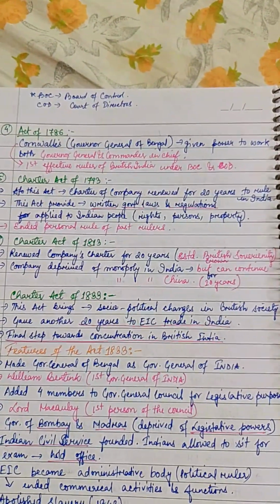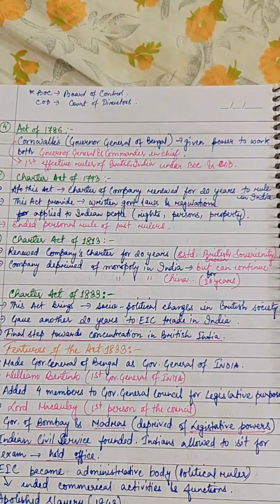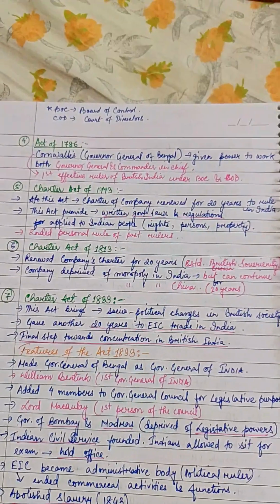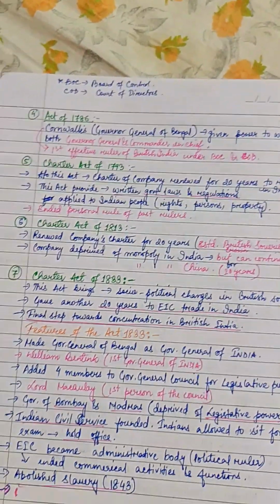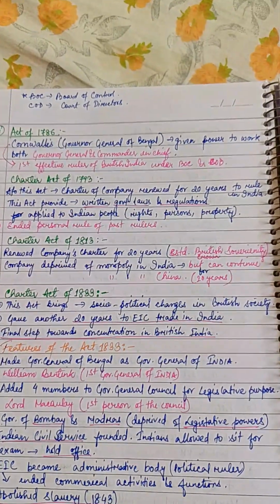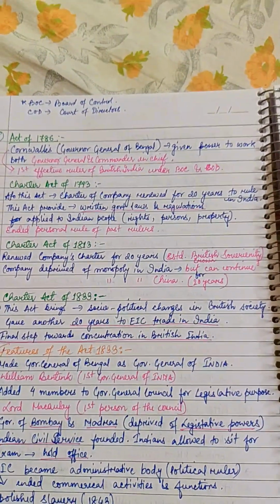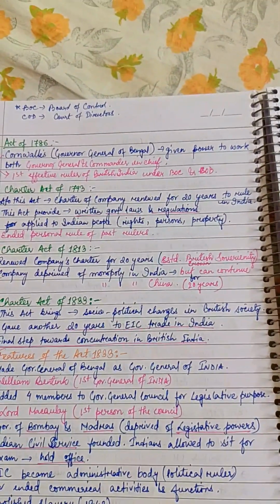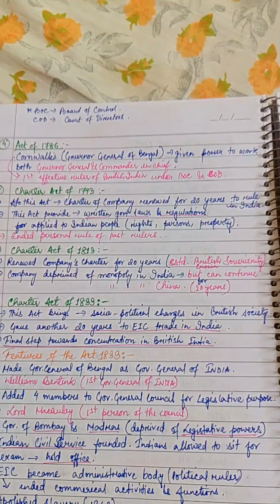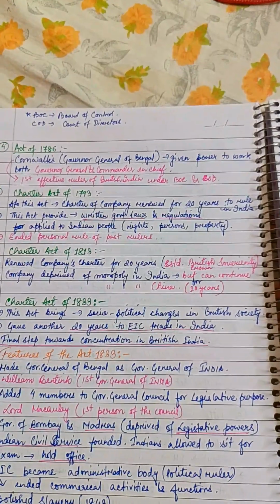Whatever they wanted, they were doing. But this Charter Act provided written rules and regulations: if you are staying in India and want to rule over the people, you must have certain rules and regulations, and you have to abide by them.